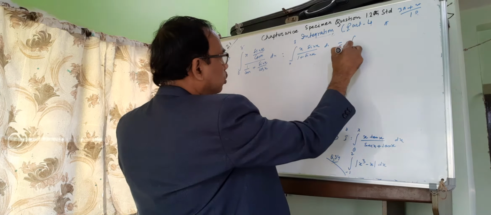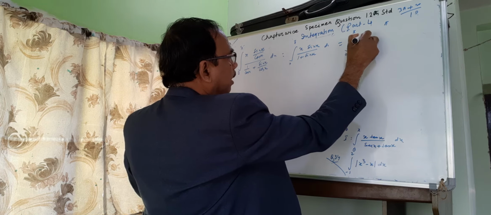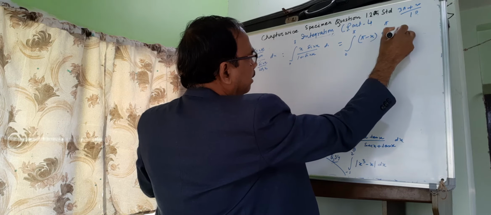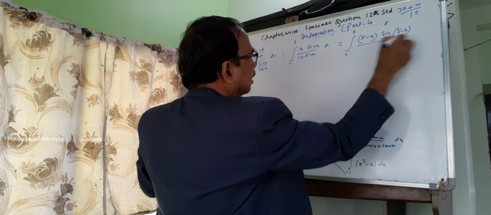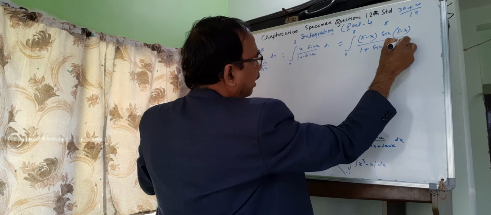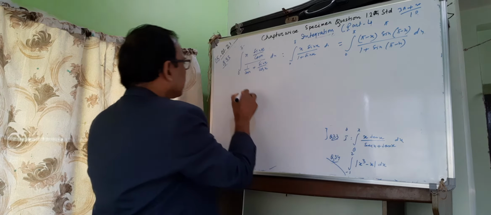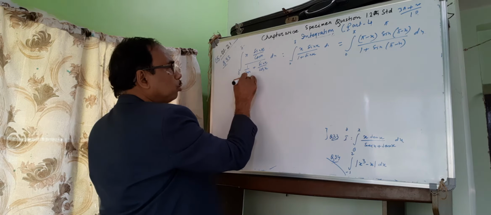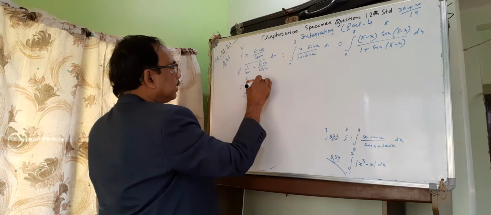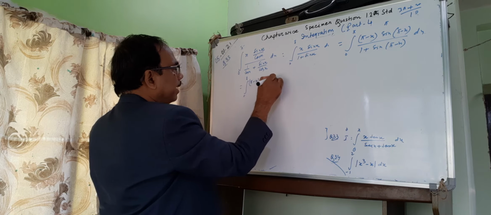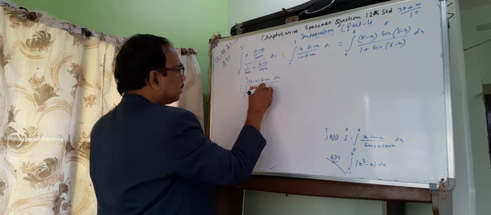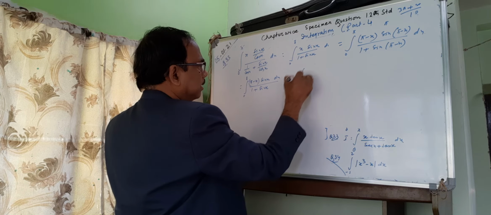Now put the limit 0 to pi, x replaced by pi minus x. Pi minus x, sin pi minus x, 1 plus sin pi minus x dx, that equals 0 to pi, pi minus x, sin x dx by 1 plus sin x, 0 to pi.